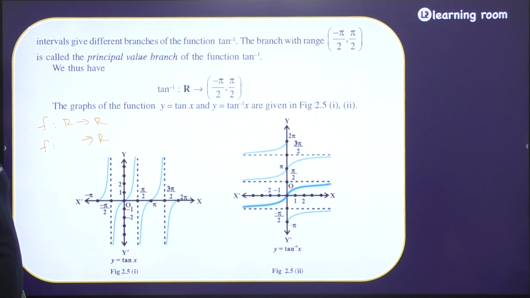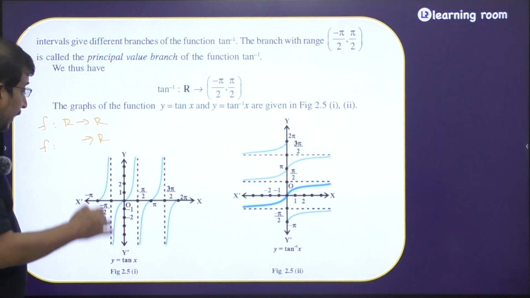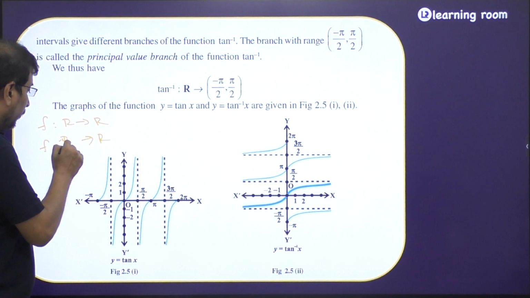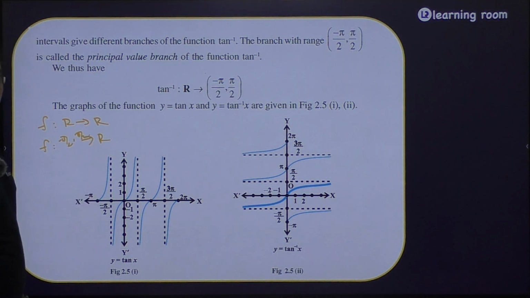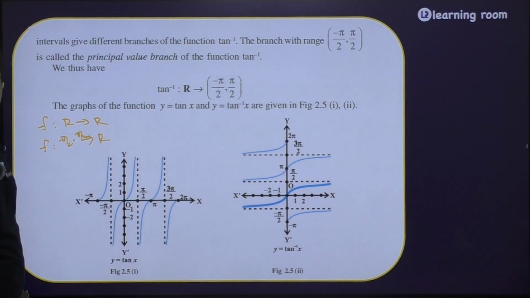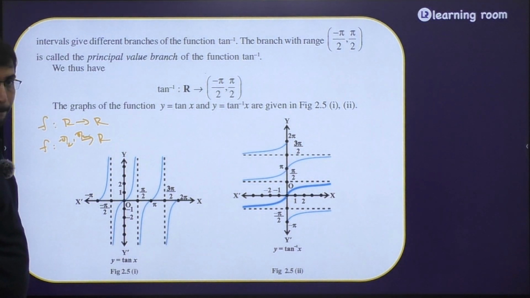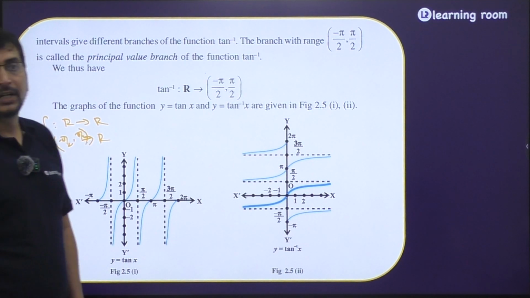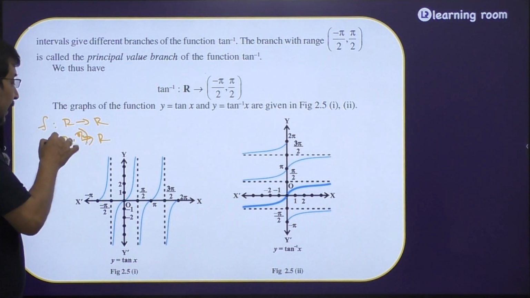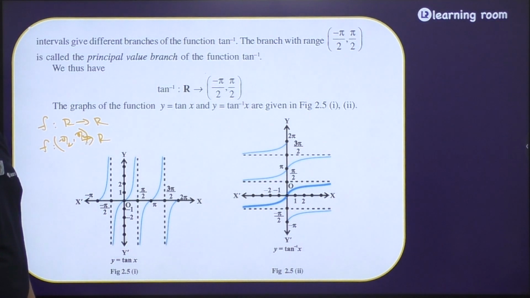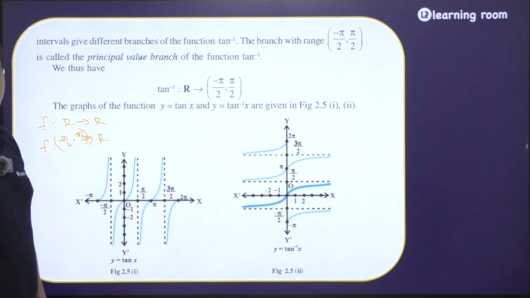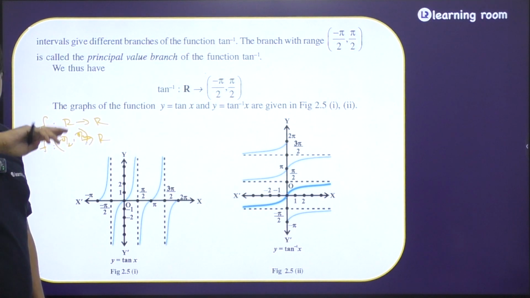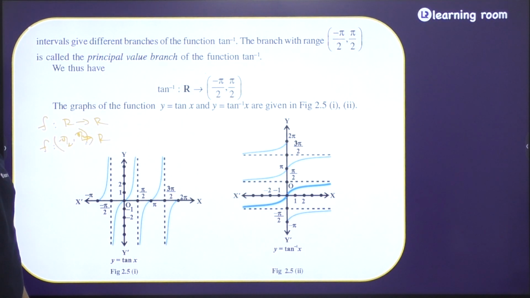Then what about the domain? Minus pi by 2 to pi by 2. But should I put it within open bracket or closed bracket? I should put it within open bracket because tan of minus pi by 2 will give me minus infinity. So whichever x value is generating an infinite value, that value should not be included.